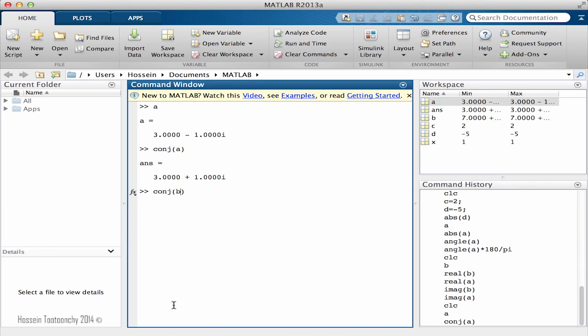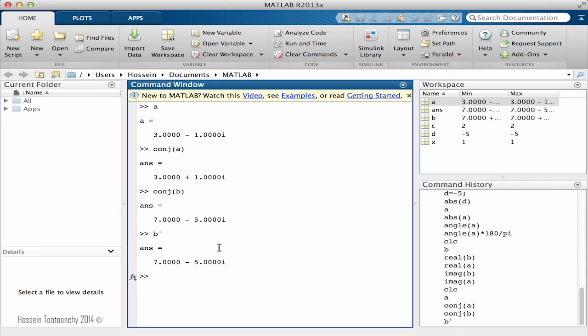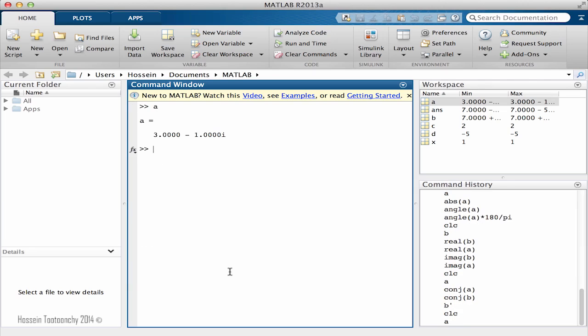I can do it with b too, and it will do that. What could be interesting for you to know is that I can get the same result if I put a single quotation after the variable. A was this, and the conjugate of a can be obtained that way too.